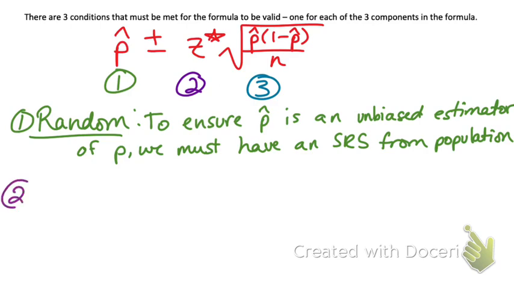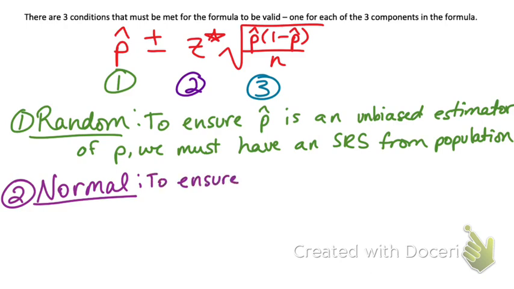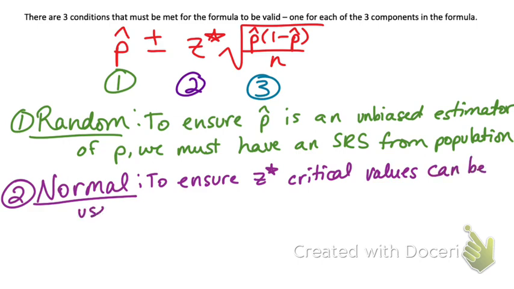The second thing is we need to ensure that we can use a z-star critical value. The only way we can use a z-star critical value is if we have a normal distribution. So to ensure z-star critical values can be used, check the large count condition.